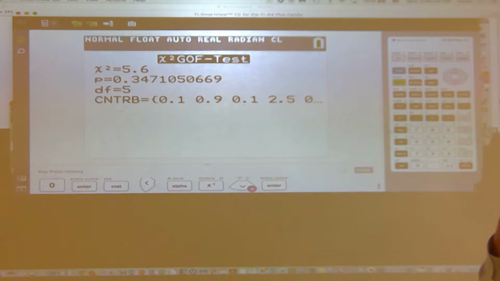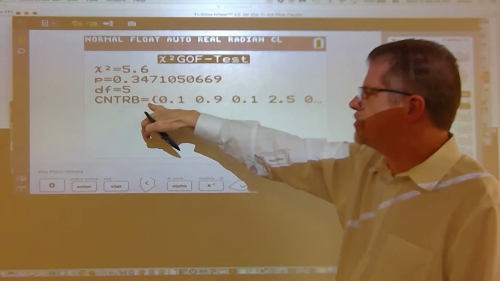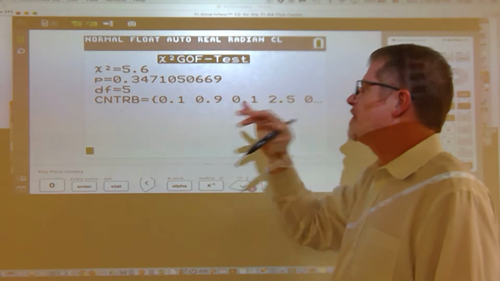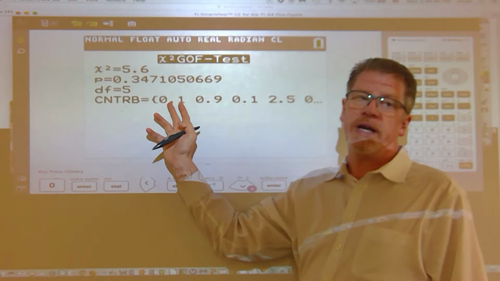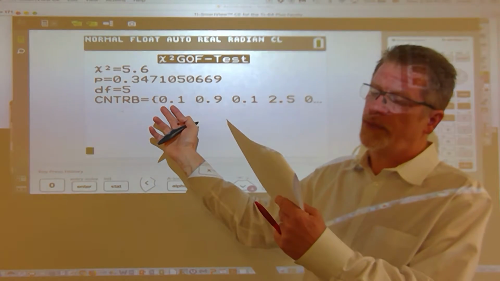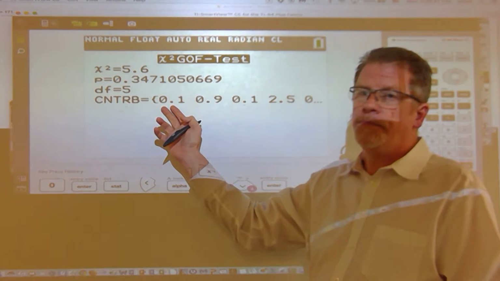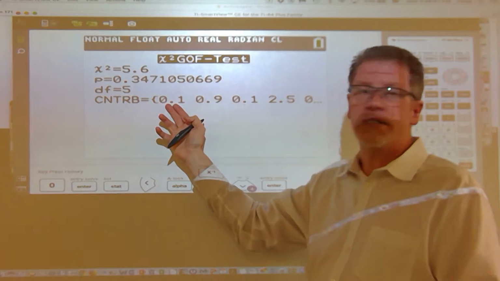CNTRB stands for contribution. This is basically the value of observed minus expected squared over expected for the first cell. You can probably do that in your head. Remember, 11 minus 10 is 1, squared is 1, divided by expected, so that's 1/10.